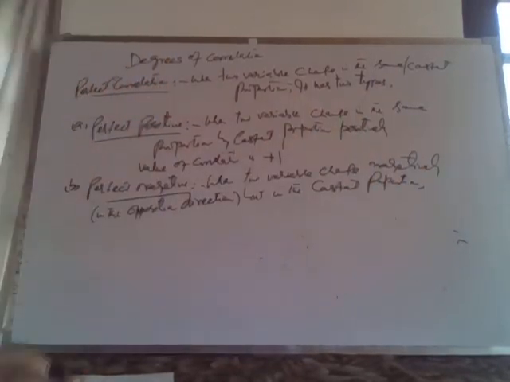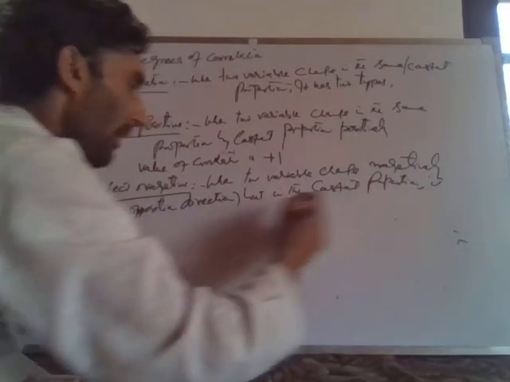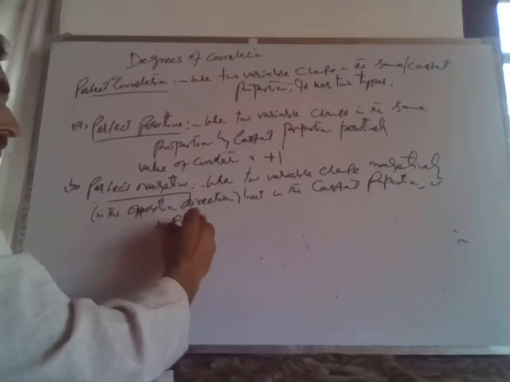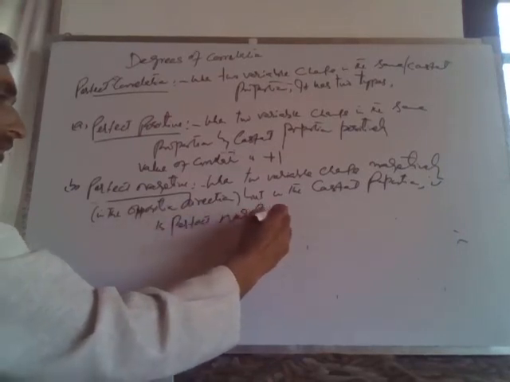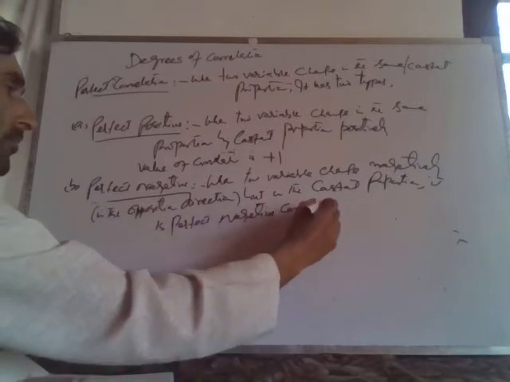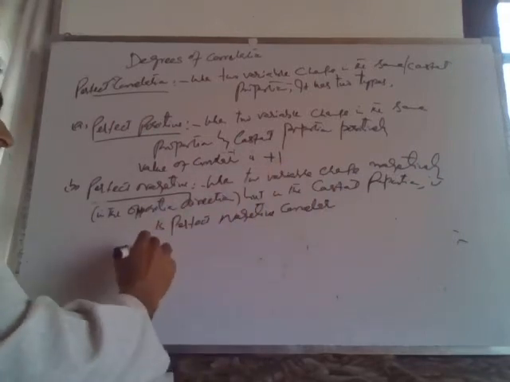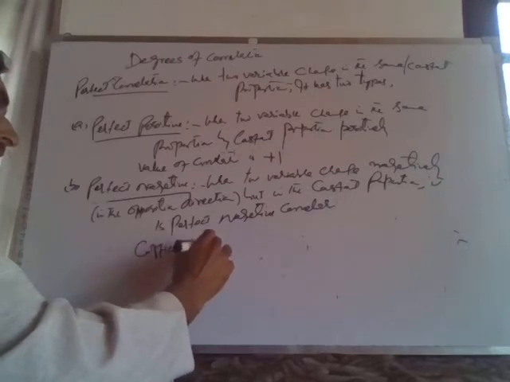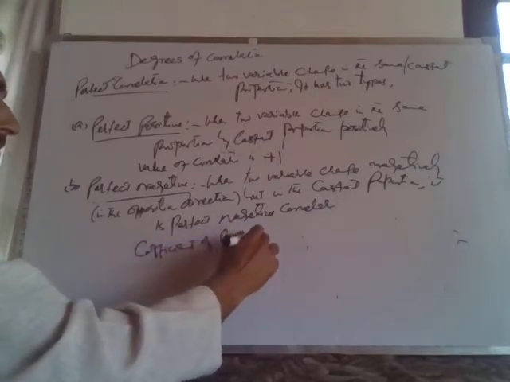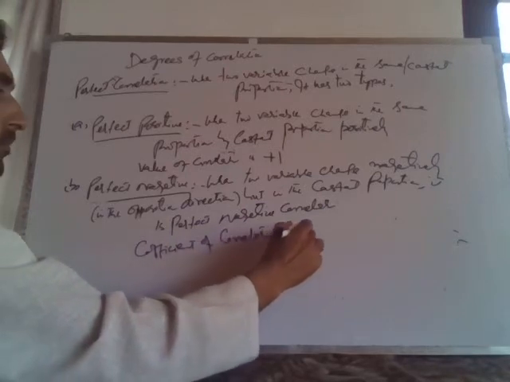It is called perfect negative correlation. At that time, the coefficient of correlation is -1.